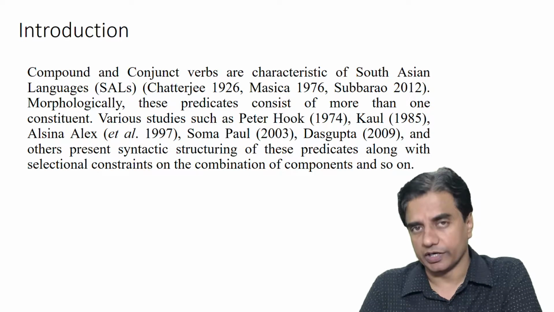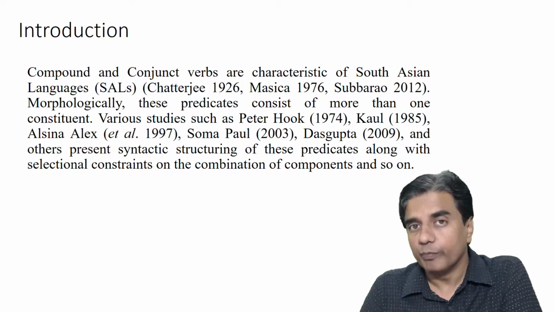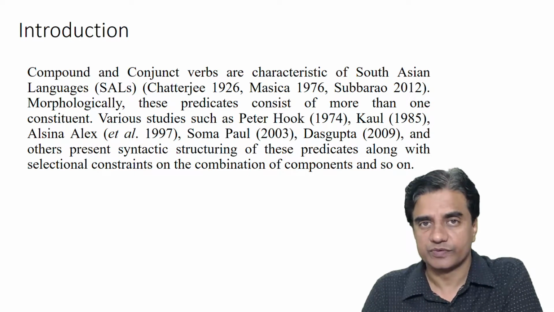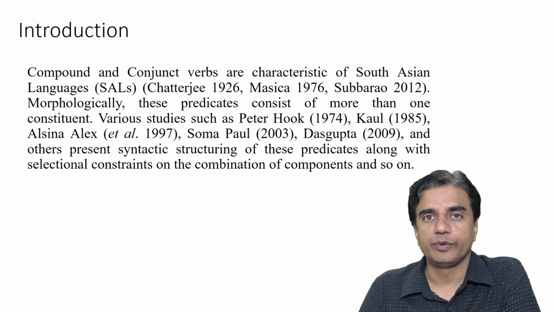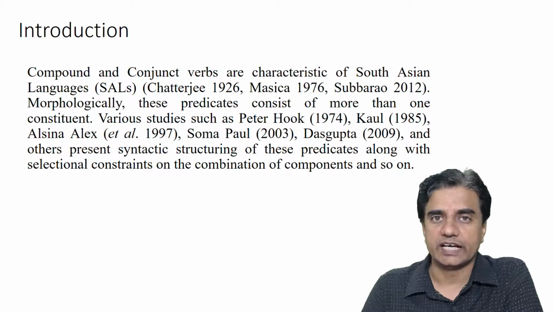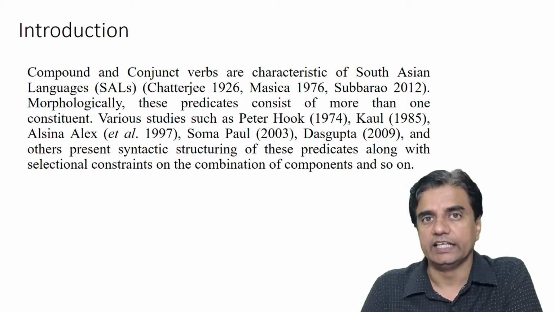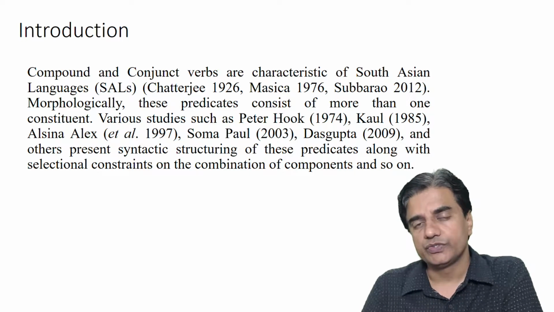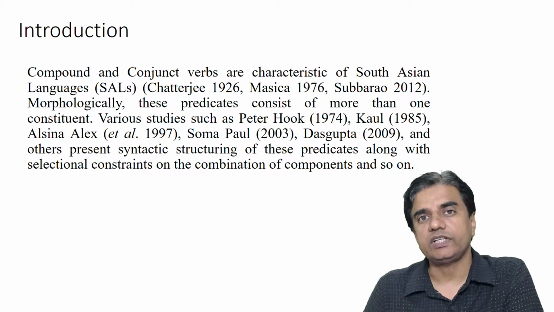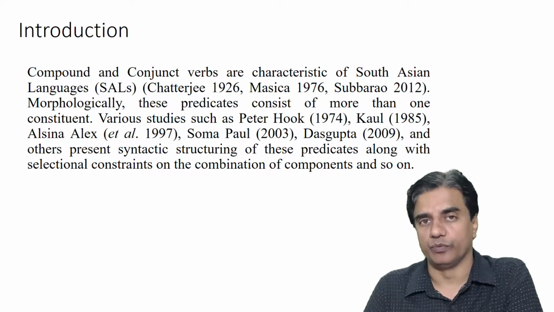There are two parts in both, namely compound verbs and conjunct verbs. We are going to be talking about both of them separately. Let's first look at compound verbs, and then I will get back to conjunct verbs a little later in our discussion. So a combination of two verbs together is called a compound verb.